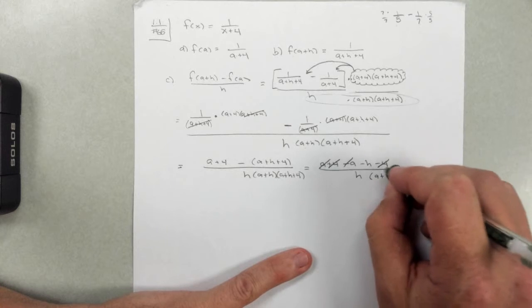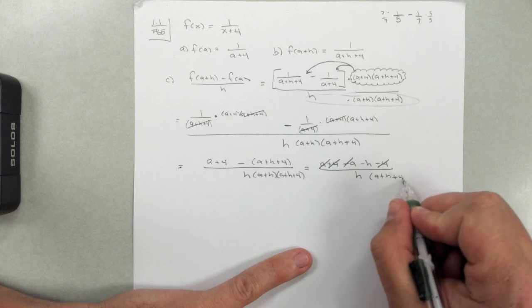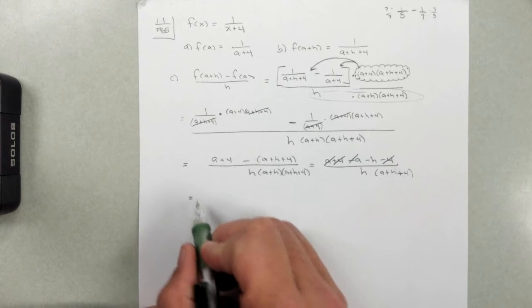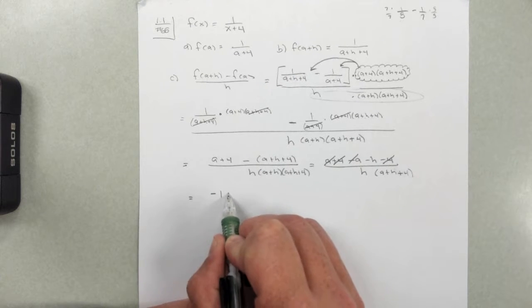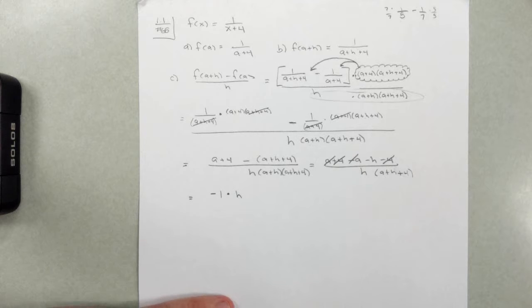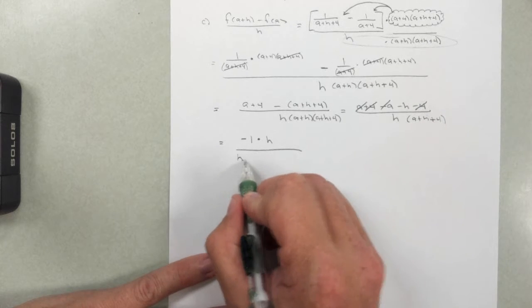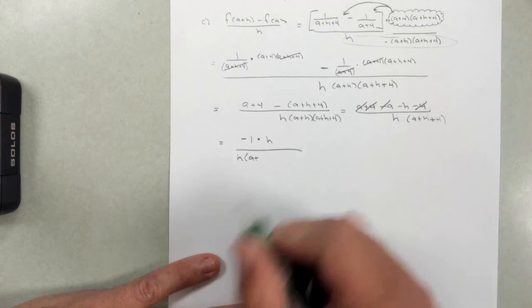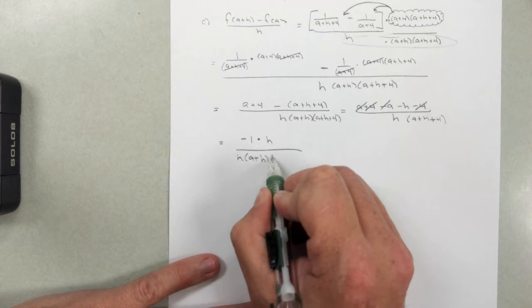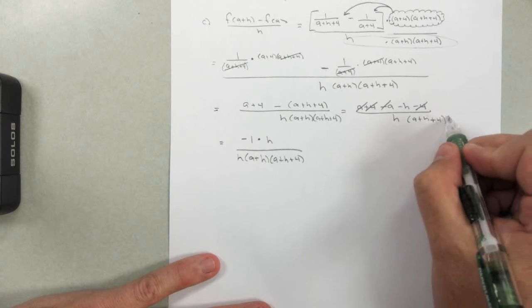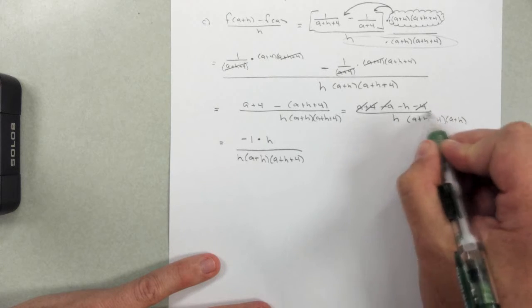Oops. Okay, just writing what survives over here. I'm going to clean this up. You get minus h, which for the sake of this problem, I'm going to write as negative 1 times h, all over h times a plus h, and then a plus h plus 4. And I'm terrible here because I missed the a plus h over here, didn't I? Okay, now we're good.